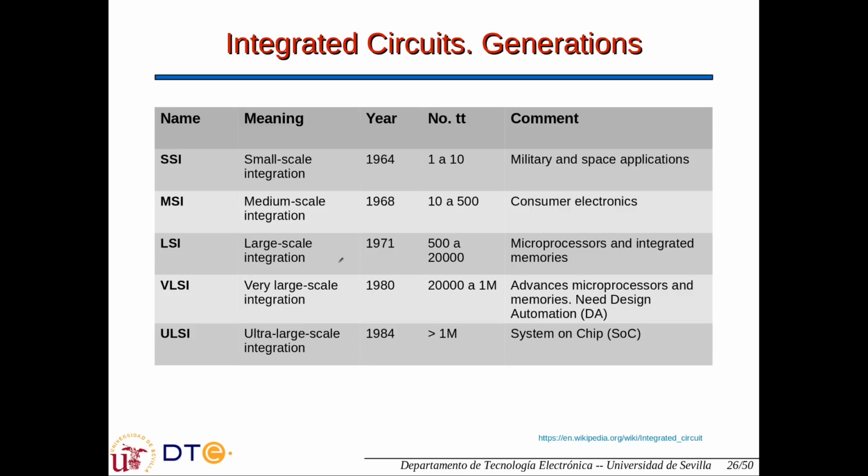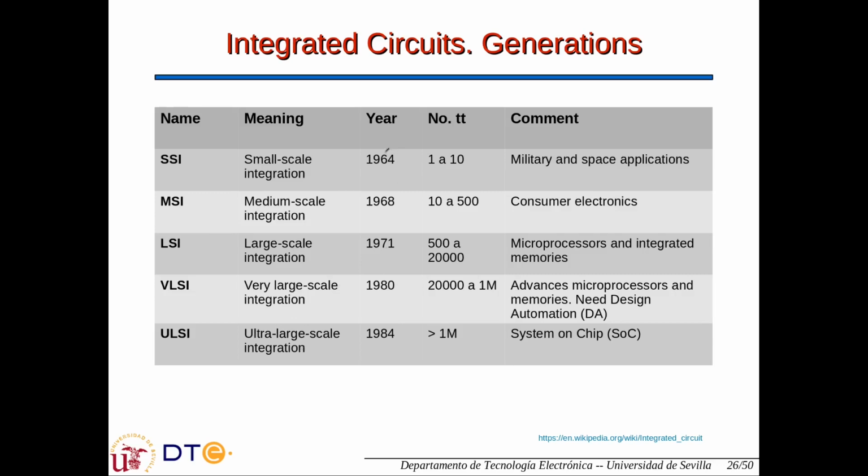Once integrated circuit technology arrived, there has been a huge improvement in the number of transistors we can put in a single chip, and it defines different generations of integrated circuits. It goes from small scale, medium scale, large scale, very large scale of integration, and ultra large scale of integration.